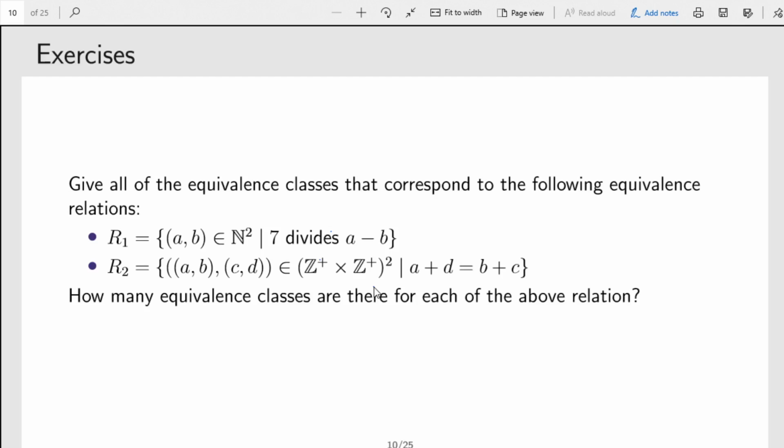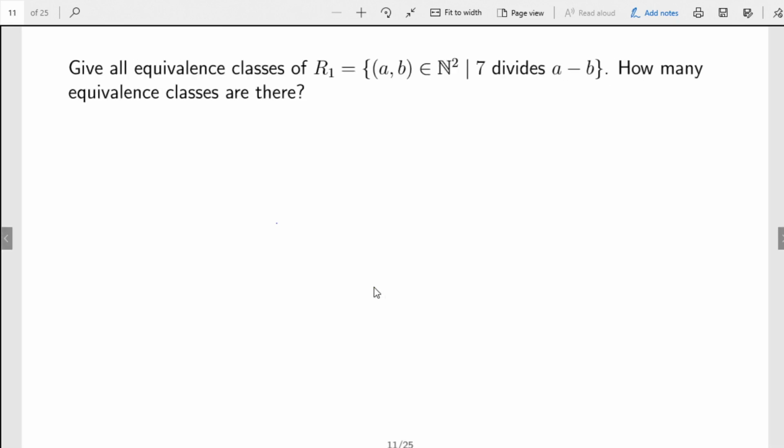So let's have a look at R1 first. So R1 is that relation, and then what would be the equivalence classes? Well, because R1 contains pairs of natural numbers, one way is to start with a natural number, say 0, and the class of 0 would contain all natural numbers b such that (0, b) is in R1.